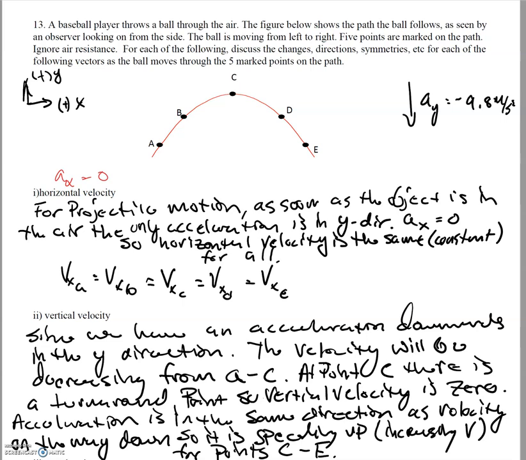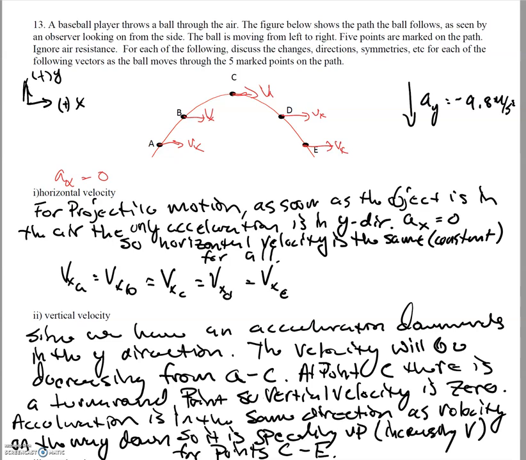If the acceleration is 0, that means the velocity is constant. Whatever the horizontal velocity is at the start, it will be that same amount throughout. So that horizontal velocity is the same. It's constant. V sub x is the same for each of these points. And this is something that you dealt with straight in the note packet.